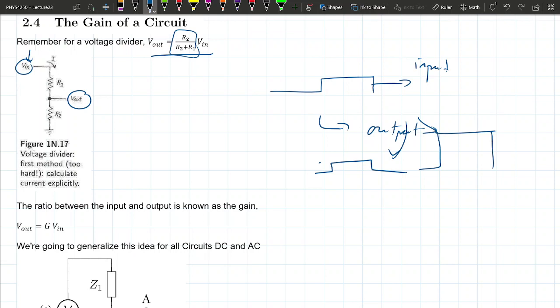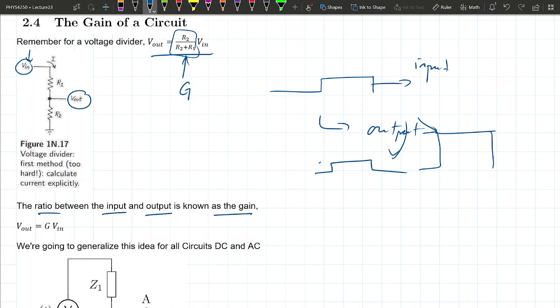Remember just doing the little Ohm's law thing? So this little number here is technically the gain of that circuit. It's less than 1, because R2 is going to be less than R2 plus R1, since resistors are always positive numbers. So the ratio between input and output is known as gain.